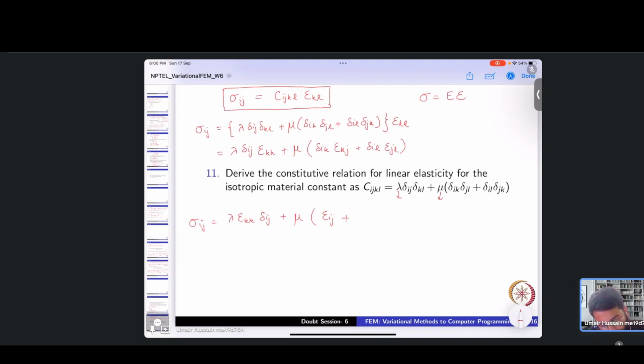So this becomes epsilon ji. But we know about the strain tensor that it is a symmetric tensor, so epsilon ij equals epsilon ji. So this becomes sigma ij equals lambda times epsilon kk delta ij plus 2 mu times epsilon ij. So this is the constitutive relation for an isotropic case for the linear elasticity problem.